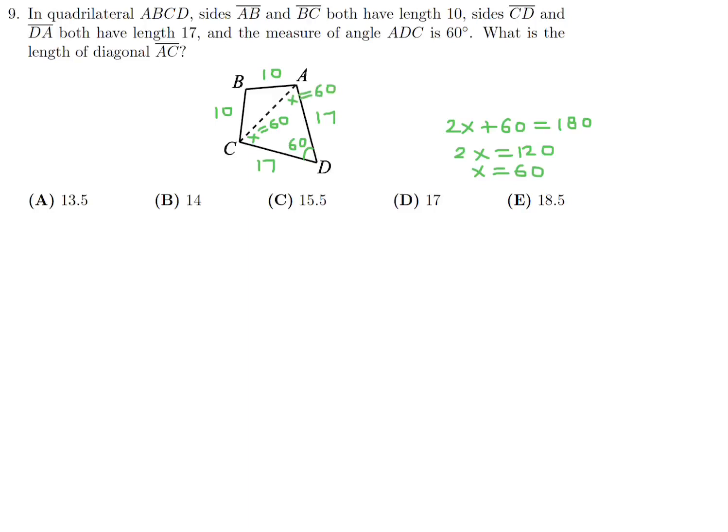It's isosceles based on the fact that those two sides are 17, but once we figure out the angles, it turns into an equilateral. So if it's equilateral, all three sides are the same. So that means AC is 17. Interestingly, we didn't even need that side length 10. Number 9, therefore, the answer is D.